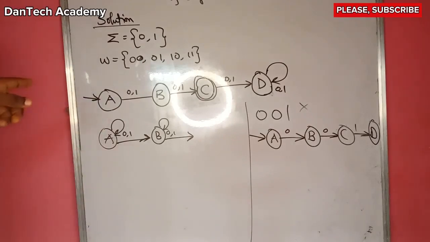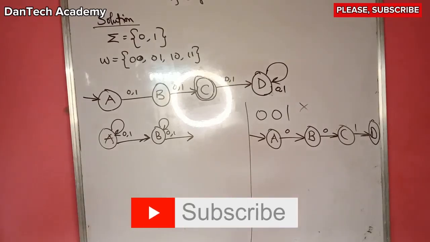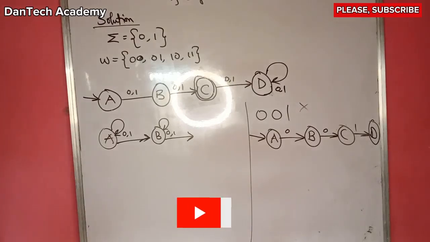What is at work every time I'm checking input from one state to another is one input. They didn't tell us whether that one input must be 1 or must be 0. So what they just told us is either 0 or 1.